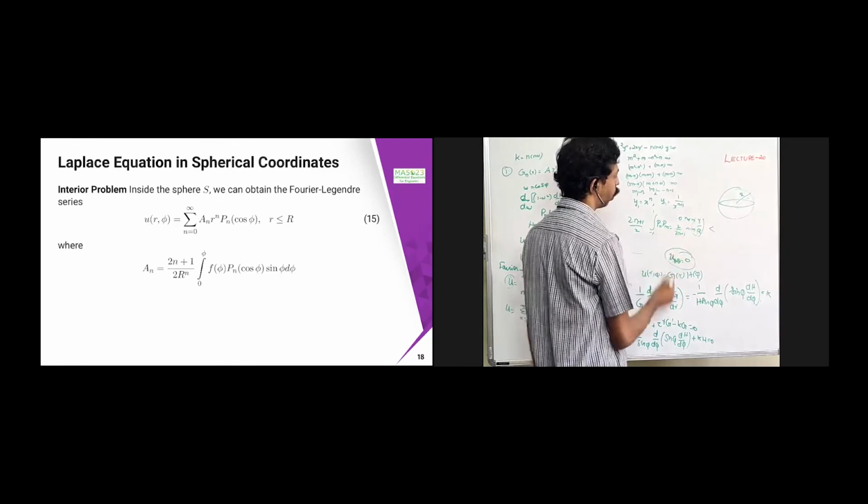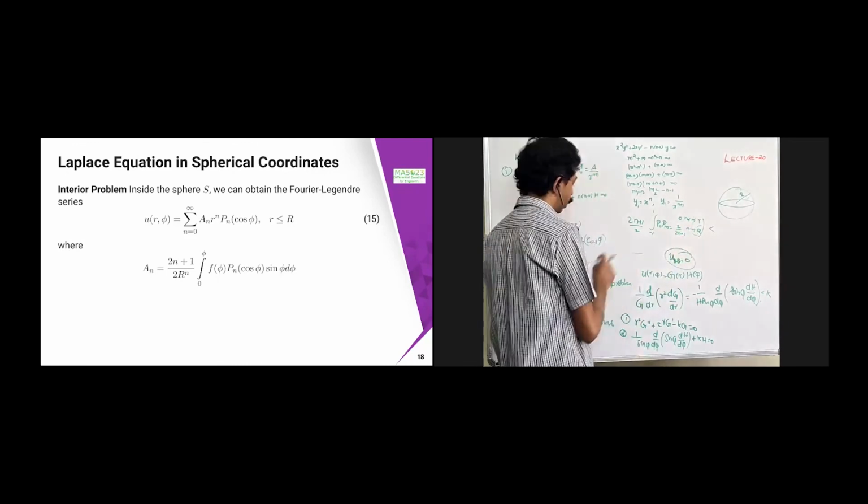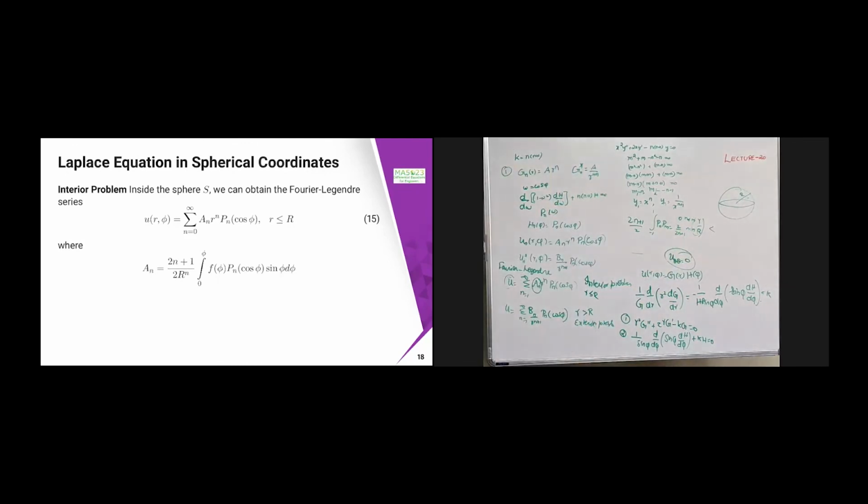This we know, so the same thing we are using here. That is the reason you are getting (2n plus 1) by 2 R power n. R power n is coming because you have this R power n there, so R power n is going to come in the denominator.